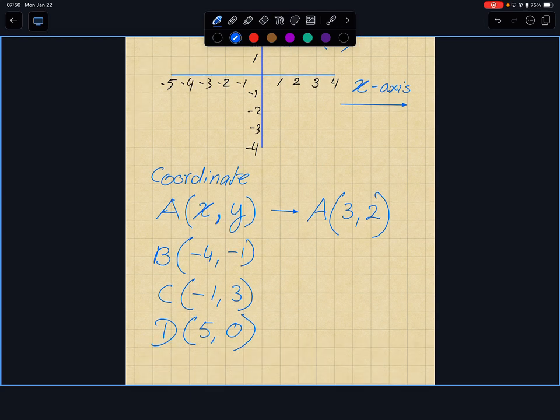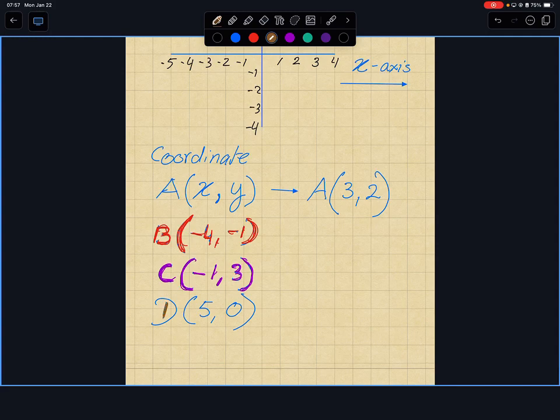Even placing coordinates, it would be helpful. So I make B red, so I can indicate it as well in the graph, which is which. C, purple. And then let's make D brown.